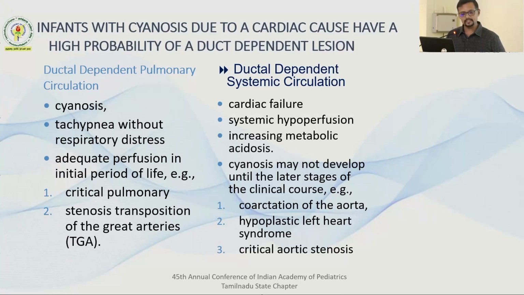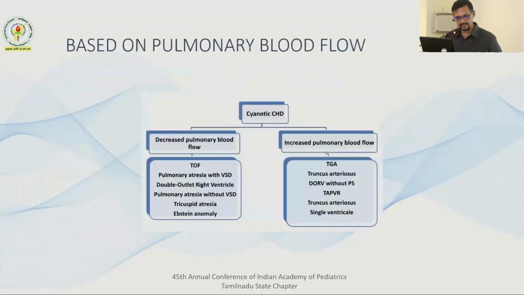This is basically because of two things: either critical pulmonary stenosis or pulmonary atresia, or balanced mixed shunting at the level of the atrium in TGA. If it is a systemic circulation, it presents with heart failure, poor perfusion, especially in hypoplastic left heart, critical CoA, interruptions, all those patients present at the latest stage with cyanosis.